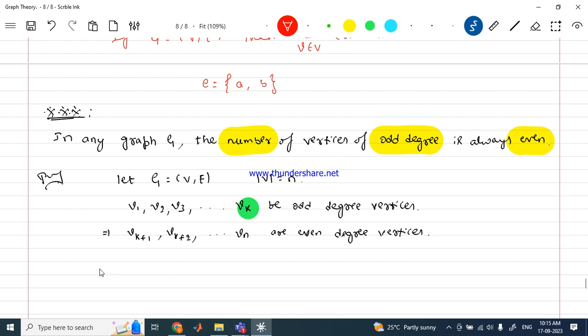That's the goal here: to prove that k is even. It is nothing more than this.